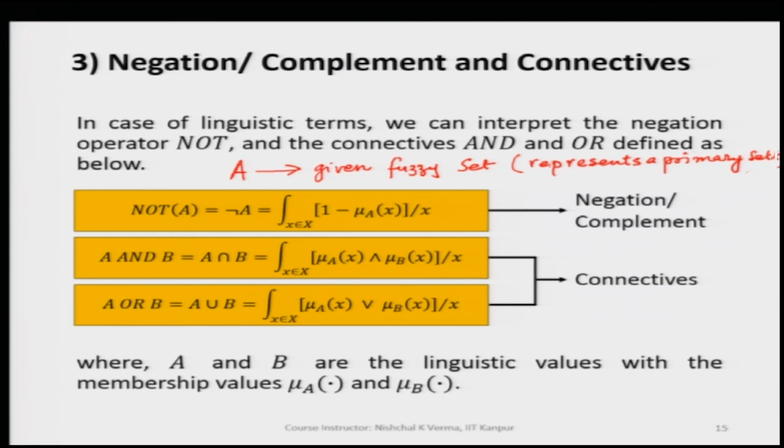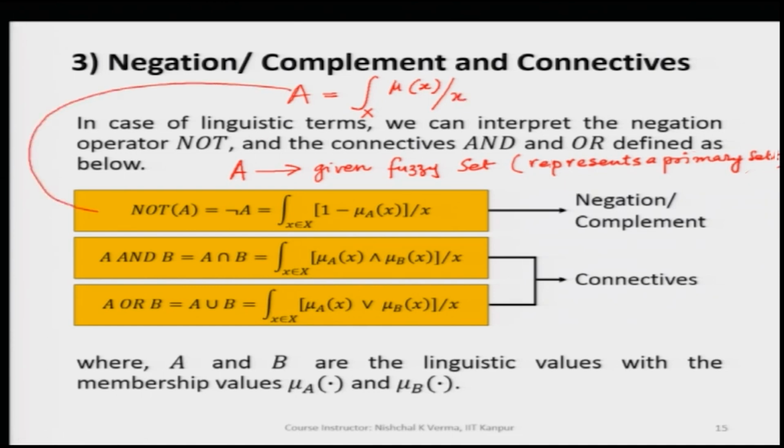What we do here is subtract the corresponding membership values from 1, which you can see here. When we are given a fuzzy set A, if it is a continuous fuzzy set, we represent it with the integration sign, the universe of discourse just below it, and then mu of x, and then dx.